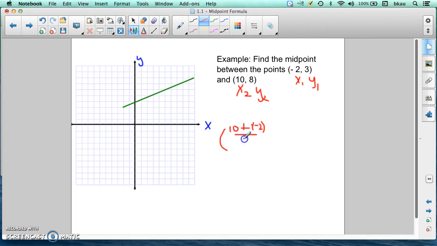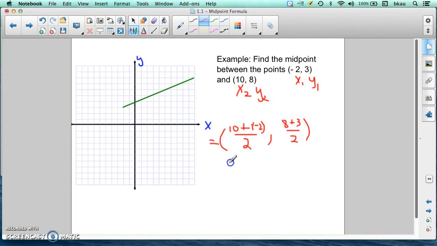That's going to give us our x value of our coordinate. And then our y value is going to be 8, the y2, plus the y1, which is 3, over 2, the average of those two values. So that's going to be our midpoint, the average of the x values, average of the y values.